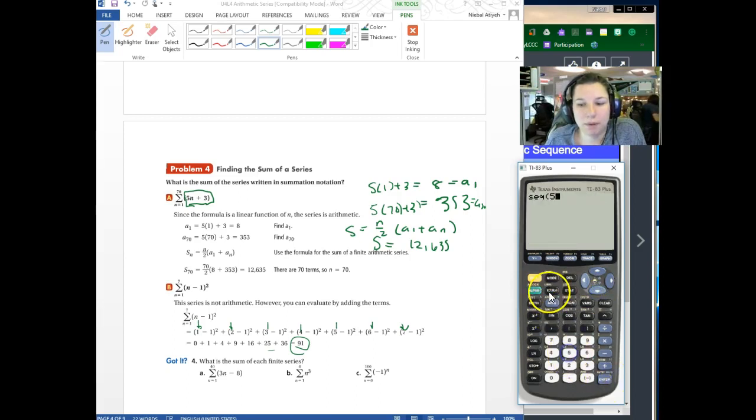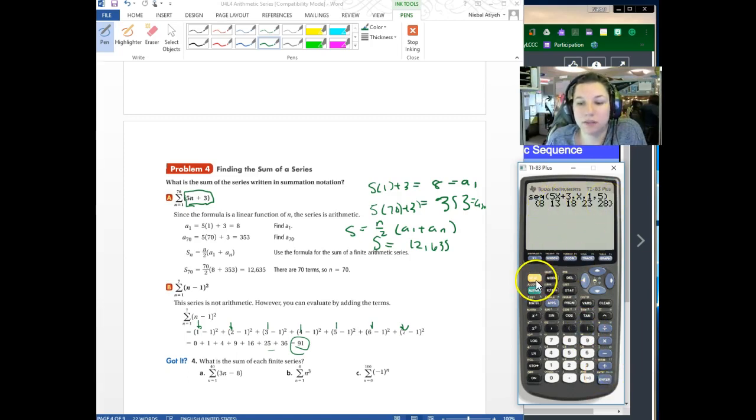So what you do is you type in your equation, so we use x's instead of the n's, so 5x plus 3. You put in a comma, you tell the calculator what variable you're using, and then you want the first term to, let's say I want the first 5 terms. And then the calculator will tell you what the sequence is.